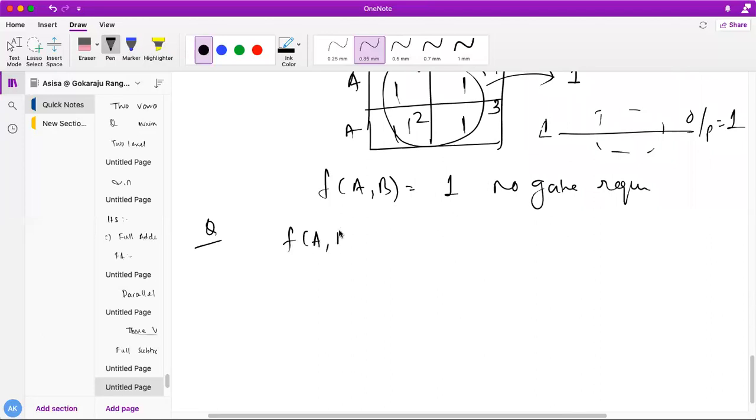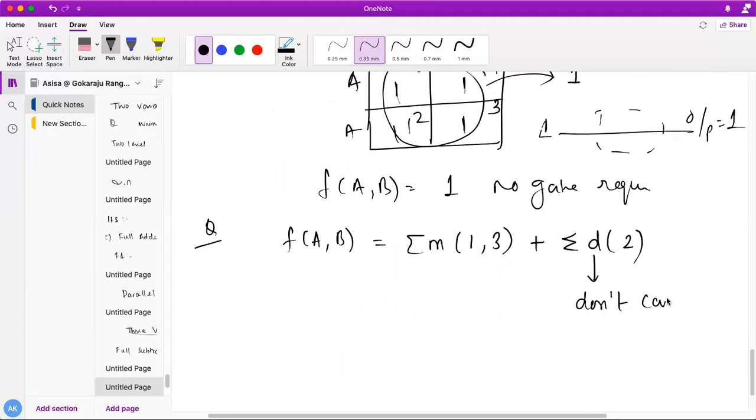F of a comma b is given as summation of m 1 comma 3 plus summation of d 2. Now one more extra term has come up. What is that? Summation of d. What is d, students? D is nothing else but don't care. This d term is for the don't care condition.